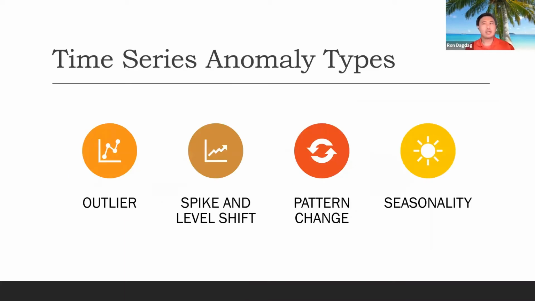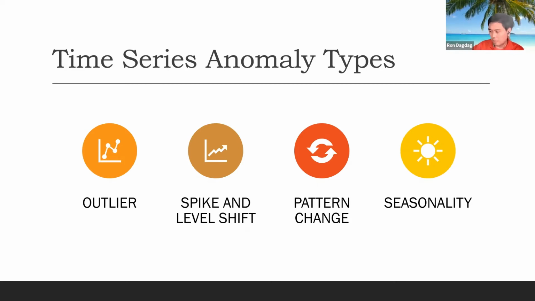So, time series anomaly types. Whenever you start working with time series, meaning you have your data from the sensors and you have a timestamp on each data that you receive, which is totally normal for any Internet of Things devices.